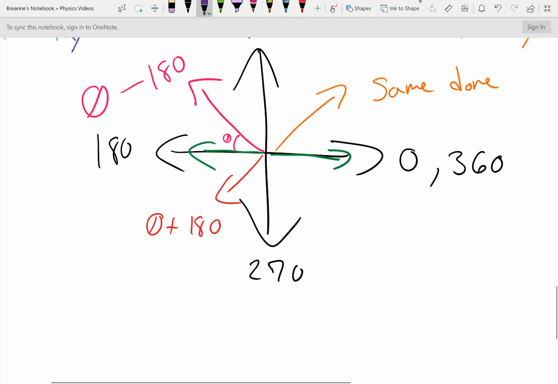And if you're going down here, you would end up subtracting 360 from your theta. And that's to find the correct direction for your theta, basically knowing if you're going northeast, northwest, southeast, or southwest.